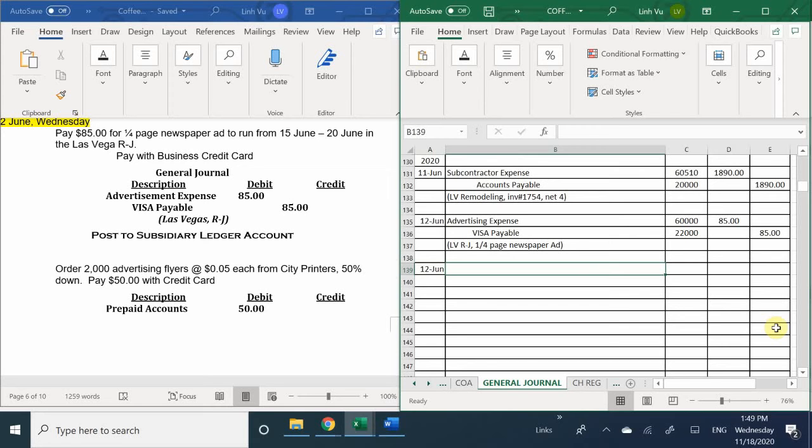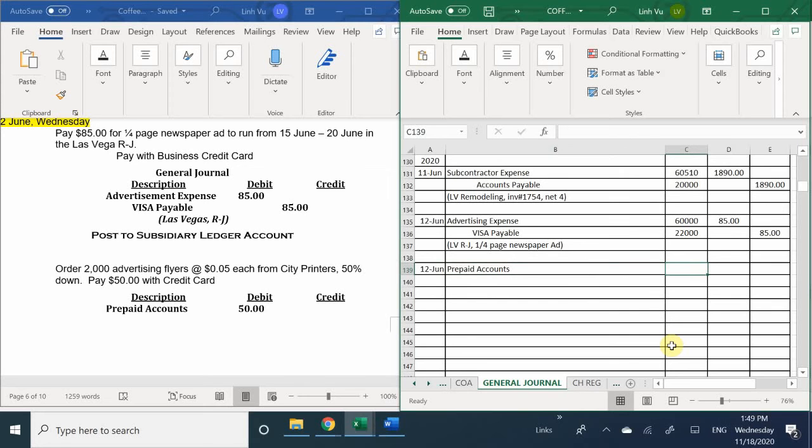Because a down payment, from a perspective, is like we're buying a voucher. And then when we receive the items, that's when we redeem our voucher. So yes, we need to make our first voucher purchase. We're going to make a prepaid advancement to our city printers. So prepaid accounts.